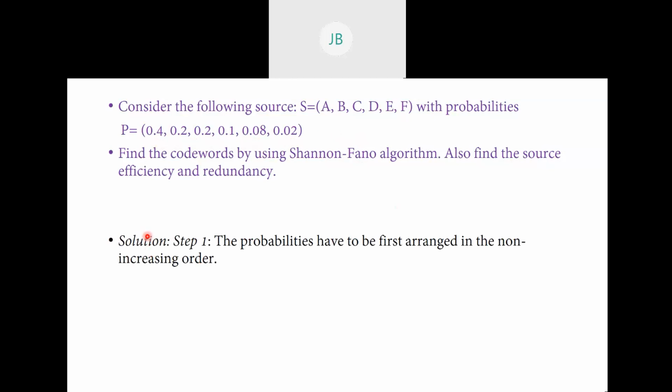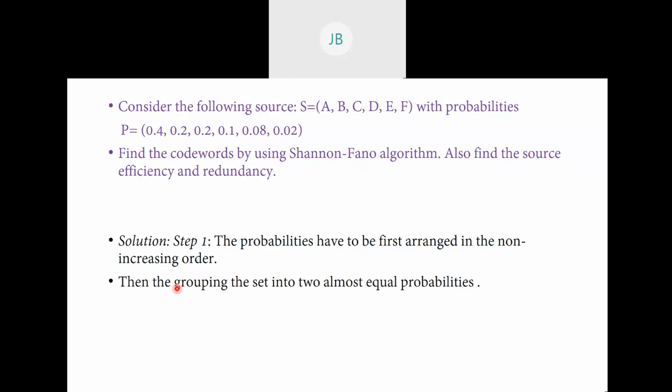The solution to find the code words using Shannon-Fano encoding algorithm: the first step is to arrange the probabilities in non-increasing order. You may notice that the probability values are already arranged in non-increasing order. Otherwise, you need to sort the probability values.